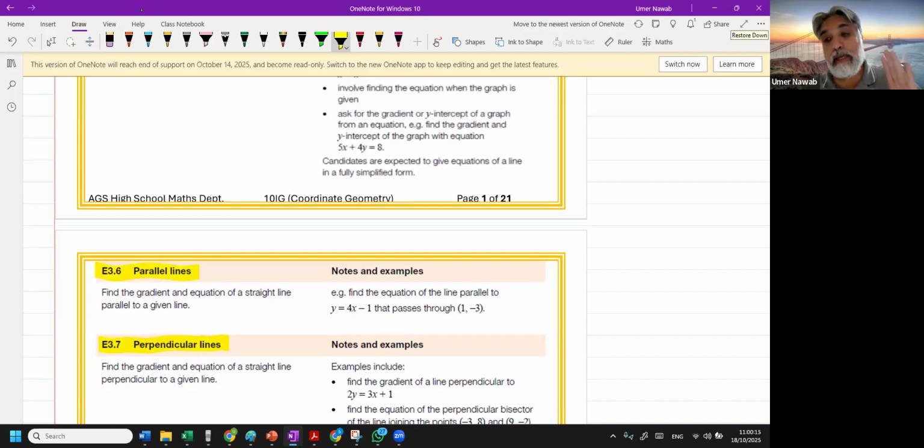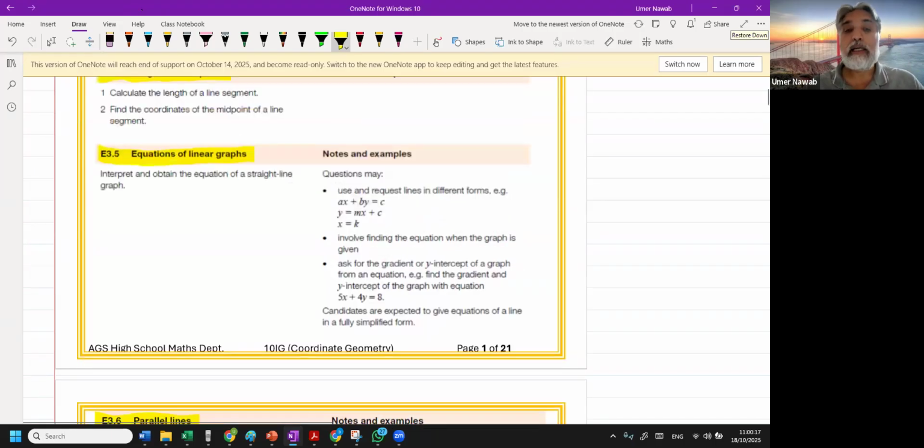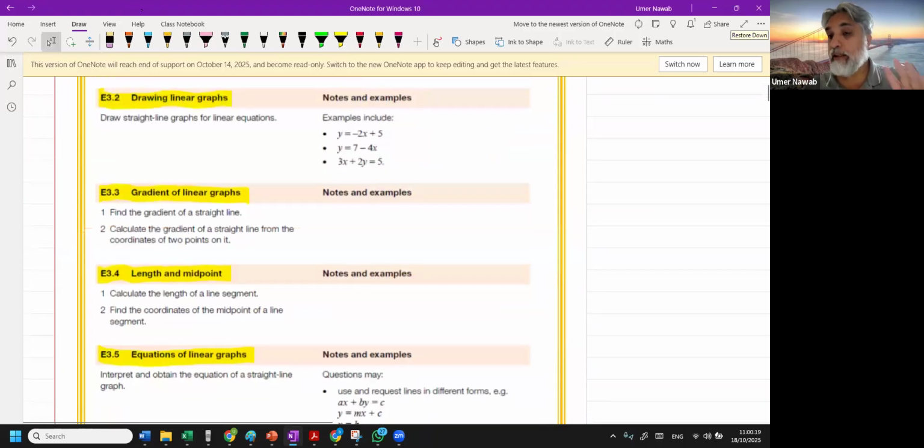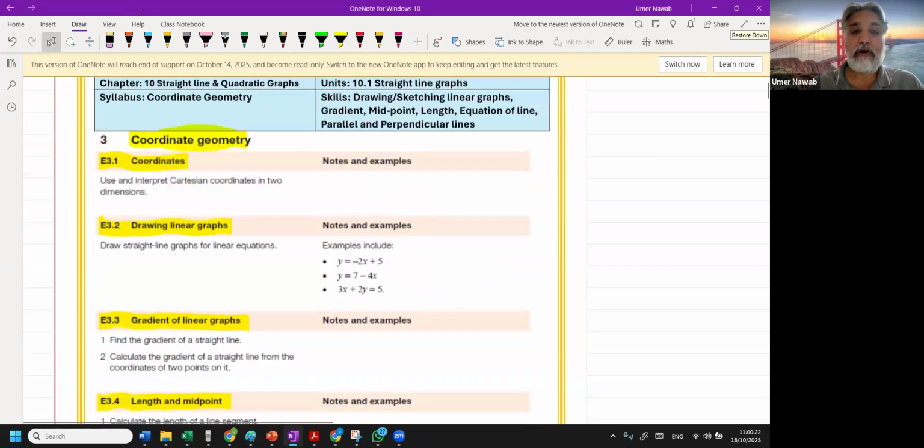So there are 7 main concepts in 0580 in coordinate geometry, right?